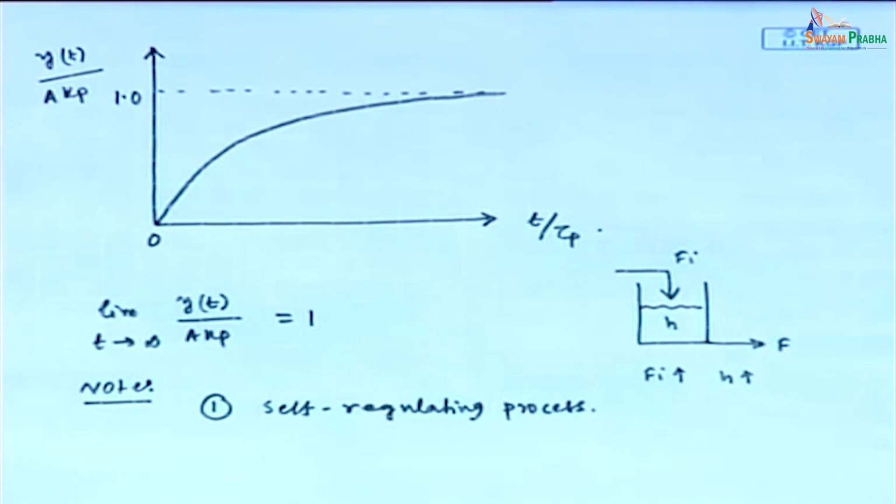And after a time period, an equilibrium is established, and at that equilibrium state, the value of y t by a k p is the new steady state value. That is the reason for which we are considering this is the self regulating process. This is the first remark.